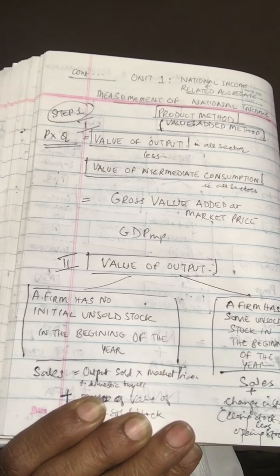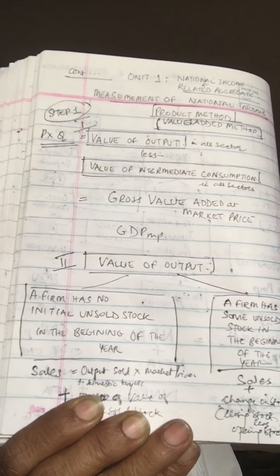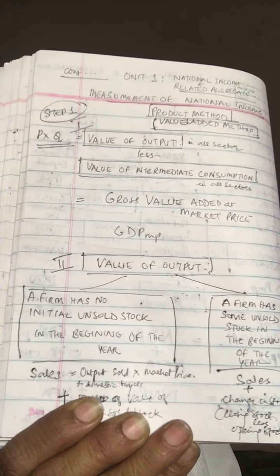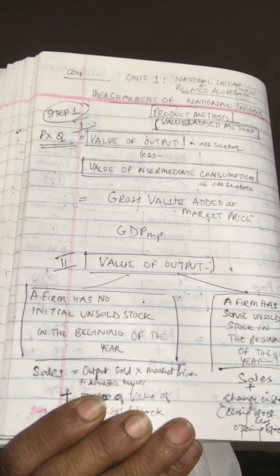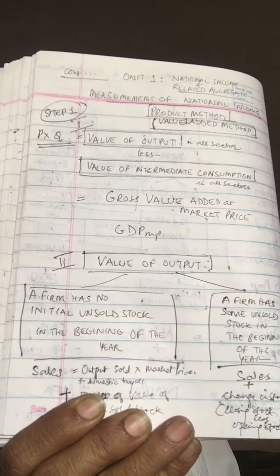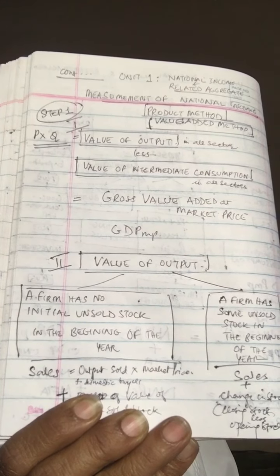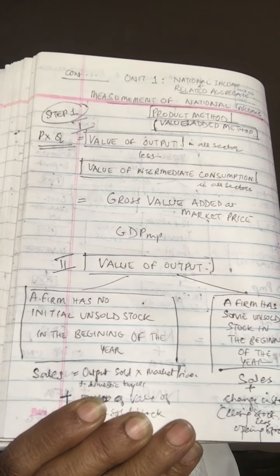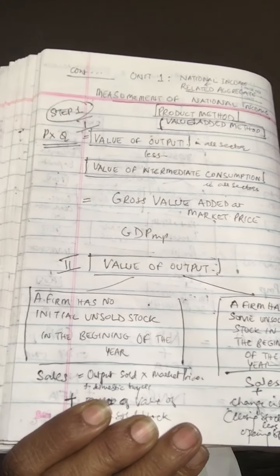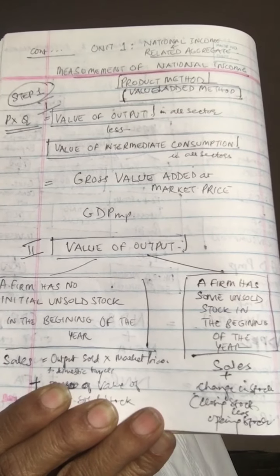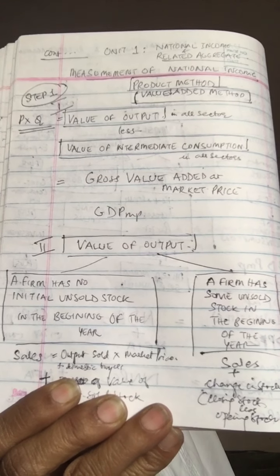But often we do have some unsold stock. Based on that, we have two ways to calculate value of output produced. Suppose a firm had no initial unsold stock in the beginning of the year, then value of output produced is equal to sales plus the value of unsold stock.